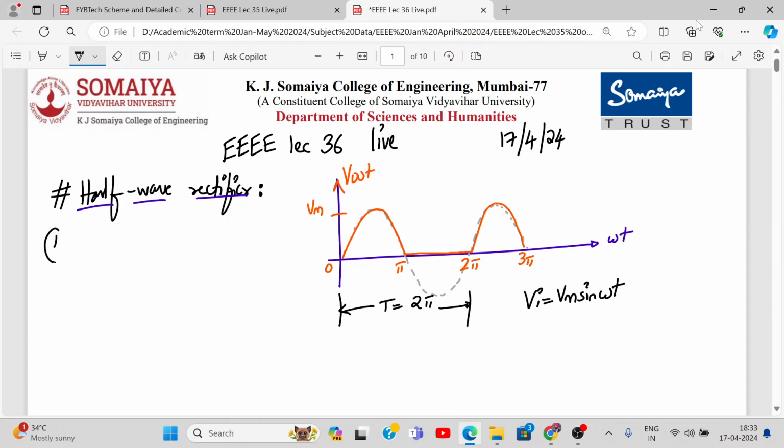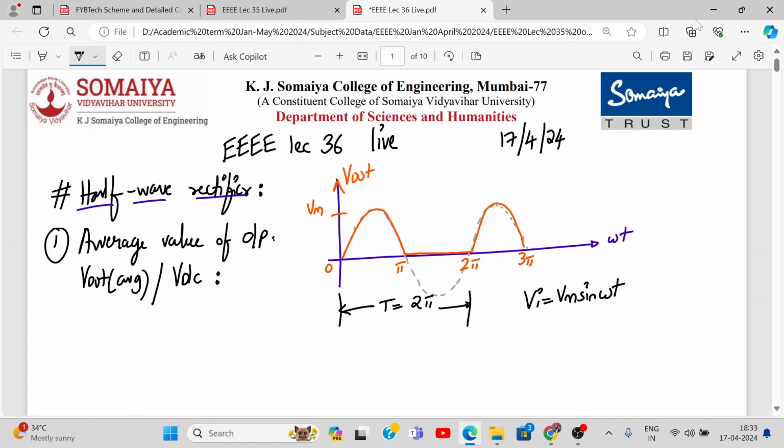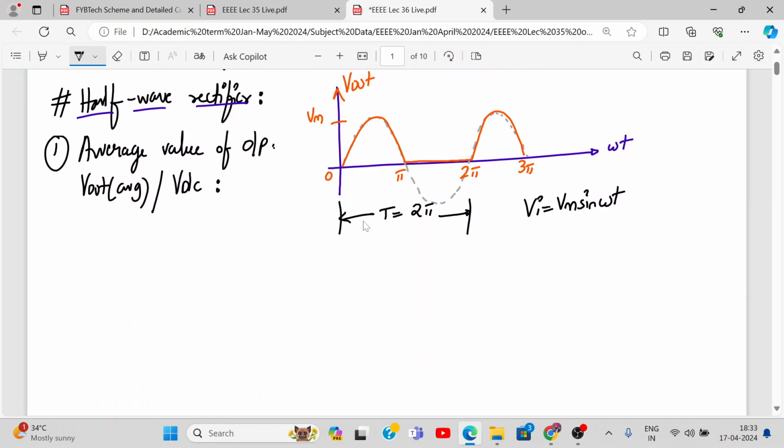So the first derivation is finding the average value of output, that is, we have to find V out average, which is also called VDC. So what is the definition of average value?